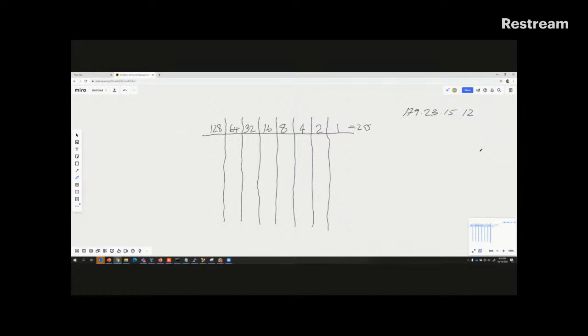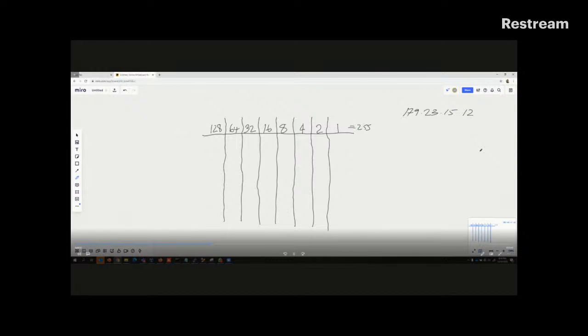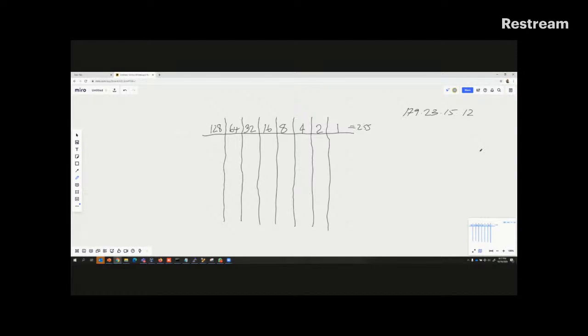Now, a combination of these 8 numbers is always going to give you something between 0 to 255. I'm sorry, 1 to 255, right? So if we were to look at this, we're saying 179. Well, how does that work?